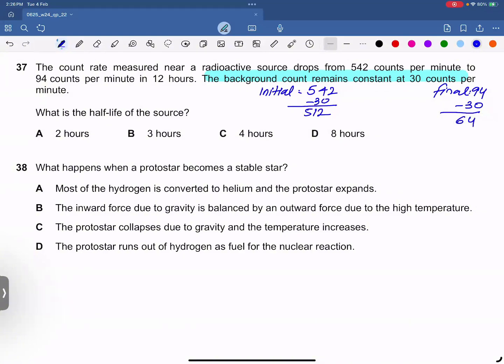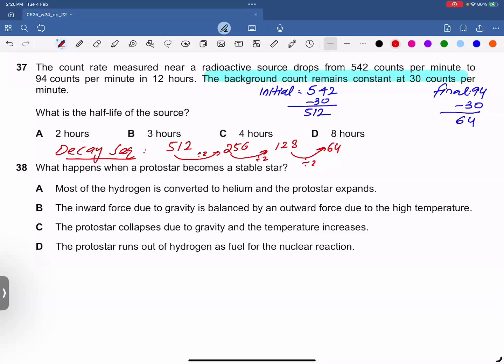So, my dear students, whenever you have initial and final, you make a decay sequence. Initial 512 divided by 2 is 256. Again divide by 2, 128. Again divide by 2, 64.